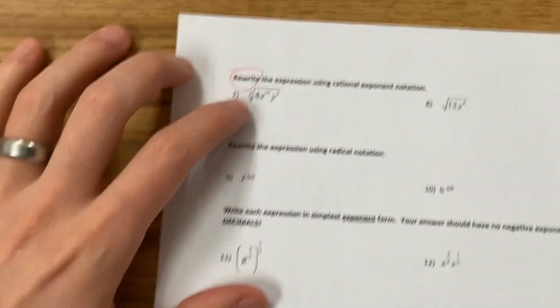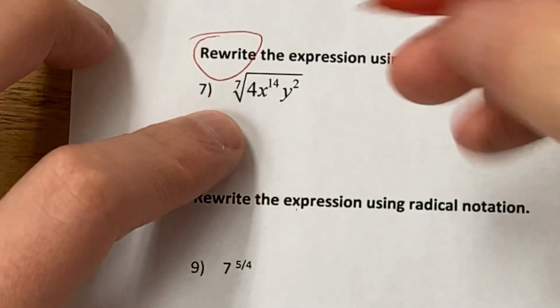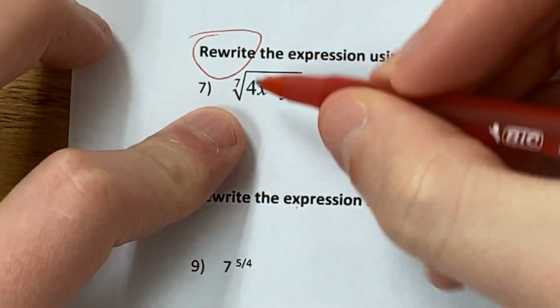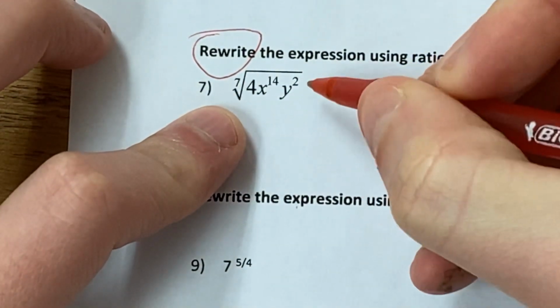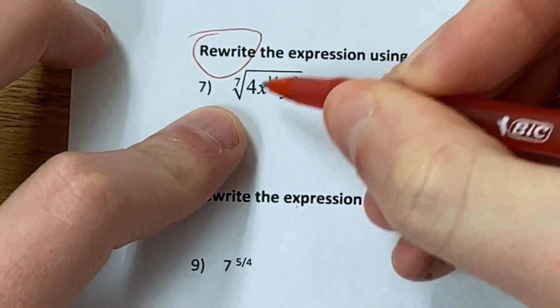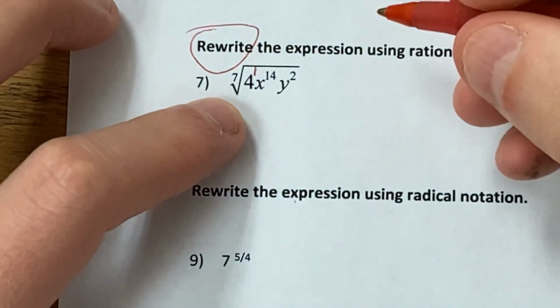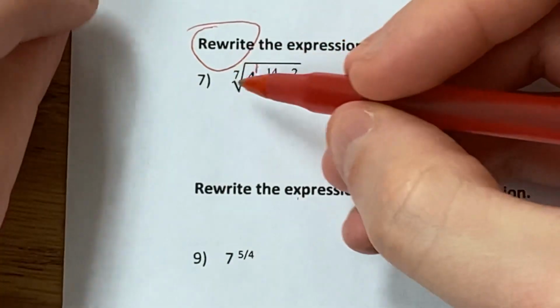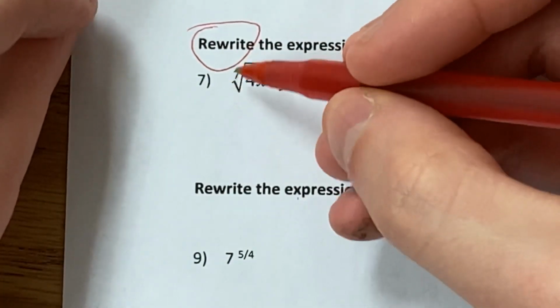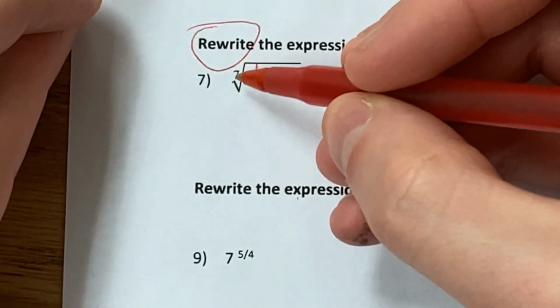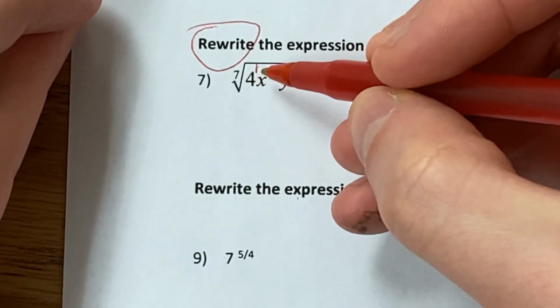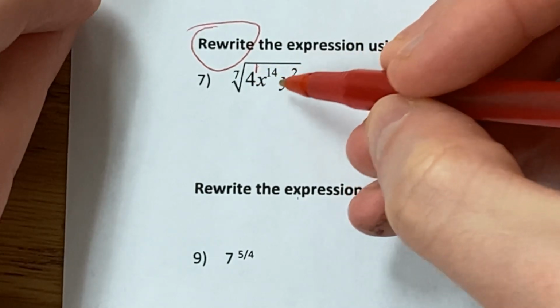So what I do here, zoom, is I rewrite everything with an exponent. Like x has an exponent, y has an exponent, but 4 does not. So I add in this little 1 right here, because it is a 4 to the first power. This right here is called the index, and basically this number is going to go in the bottom of all of these exponents.